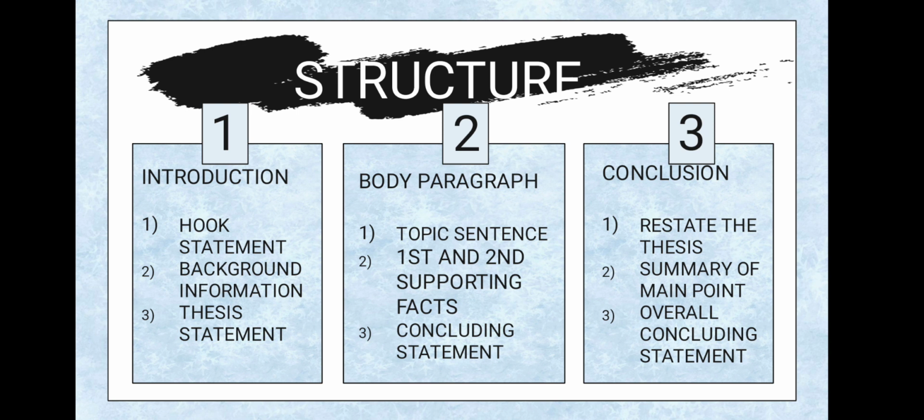And next slide, concluding statement. The last part of the body paragraph is a concluding statement, commonly called a transition. Transitions are used between paragraphs. They are often in the form of phrases or clauses that refer to previous information while introducing a new idea.